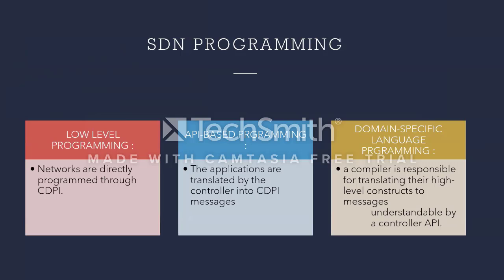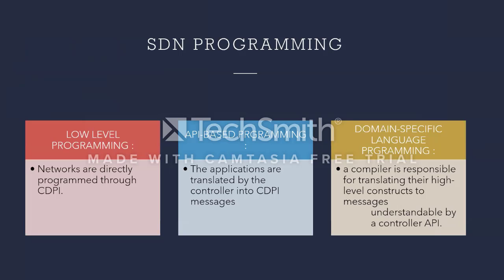OpenFlow forces the programmers to manipulate bit patterns in packets and carefully manage the shared rule table space. Moreover, each network device must be programmed individually. That means each particular switch or whatever device comes under low-level programming, it should be configured and programmed individually.